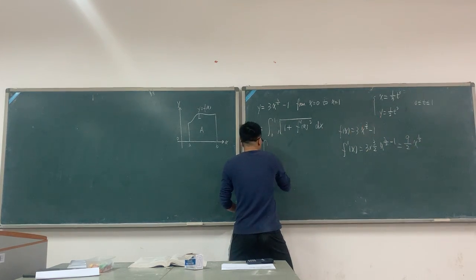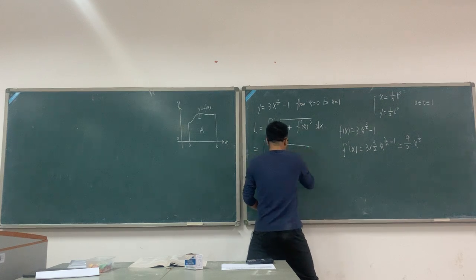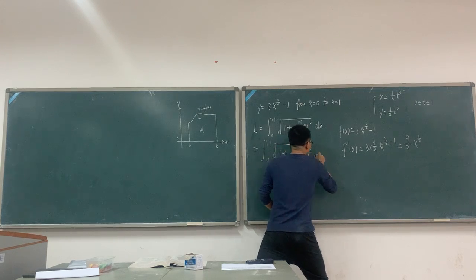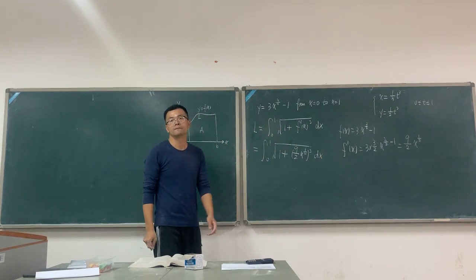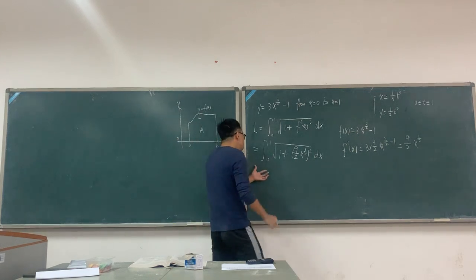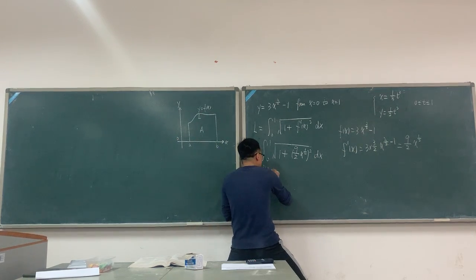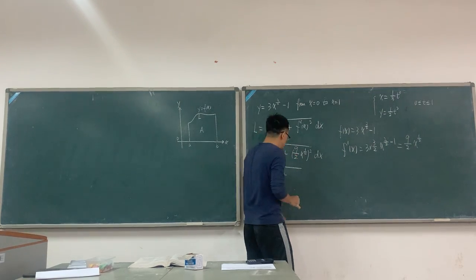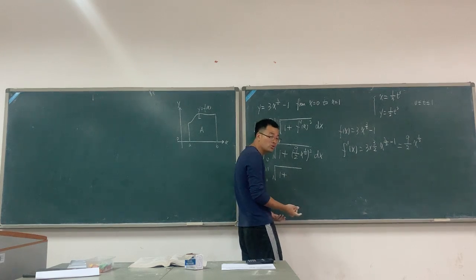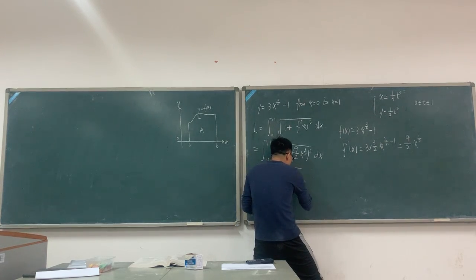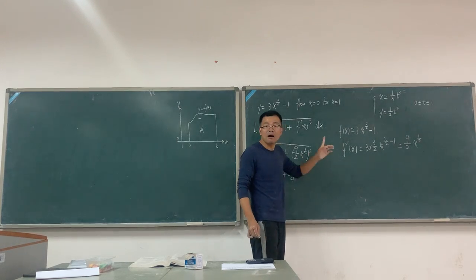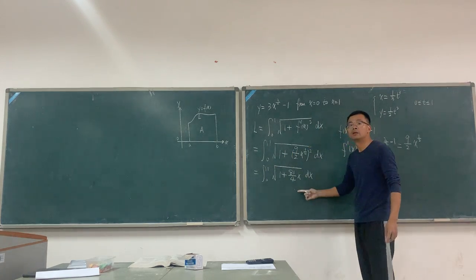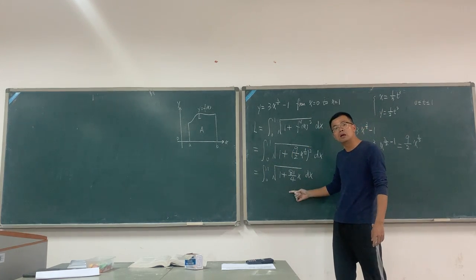So here equals the integral from 0 to 1 of the square root of 1 plus (9/2 x^(1/2)) squared dx. So the square root of 1 plus (9/2) squared is 81/4, x to the half power squared, x, dx.